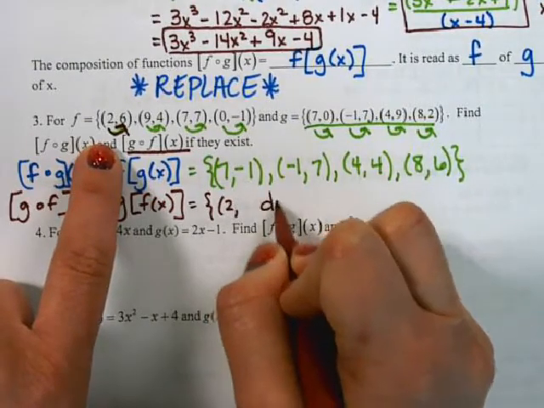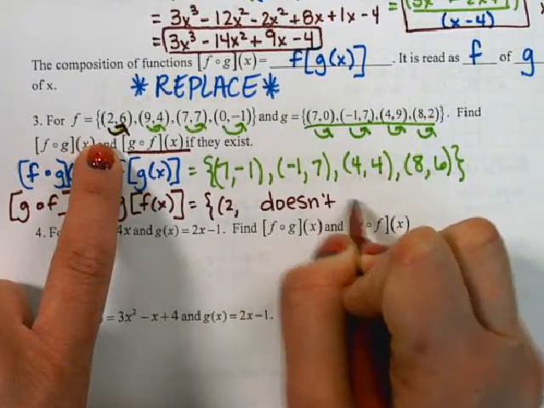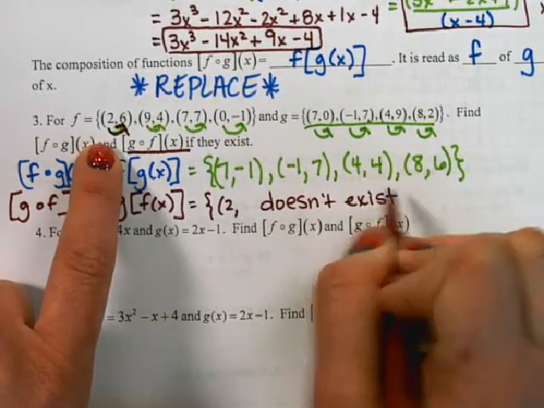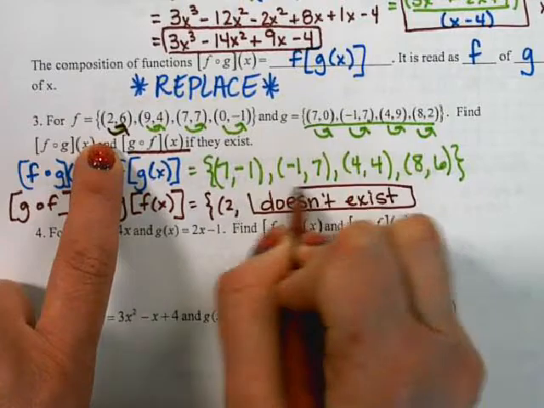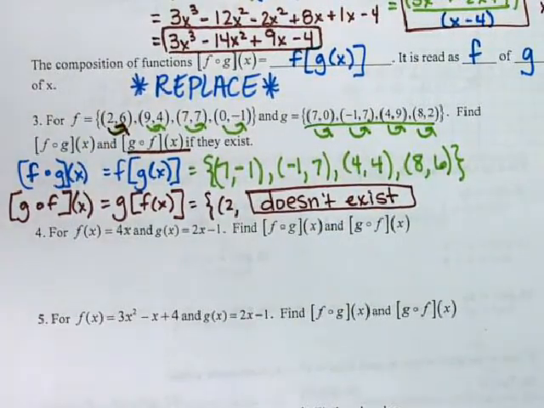You can stop. There's no composition of functions for that guy. Does that make sense?